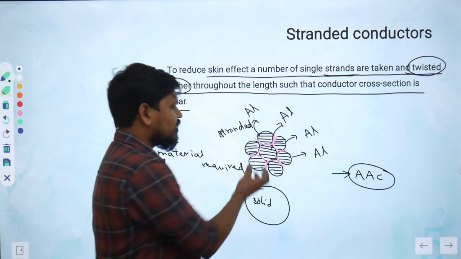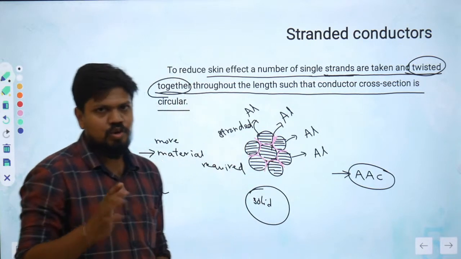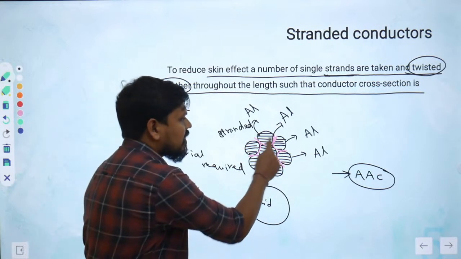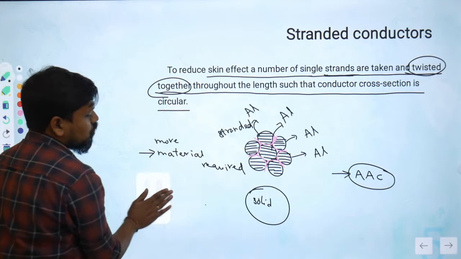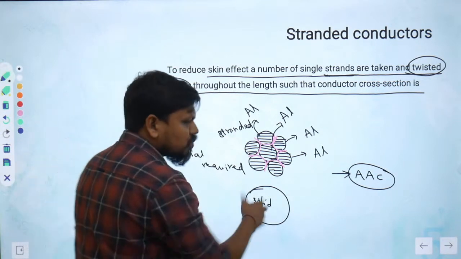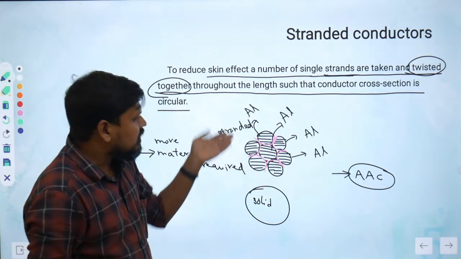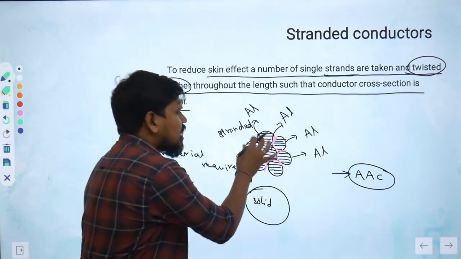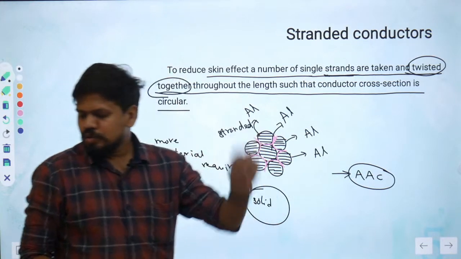You may think that whenever many sticks are together, it will be stronger. Don't think like that. These are smaller conductors, and this is one big conductor. Whenever there is one big conductor, it is stronger, and that's why, whenever we are using many smaller conductors, there will be loose coupling between them all. Even after twisting, loose coupling will be there.